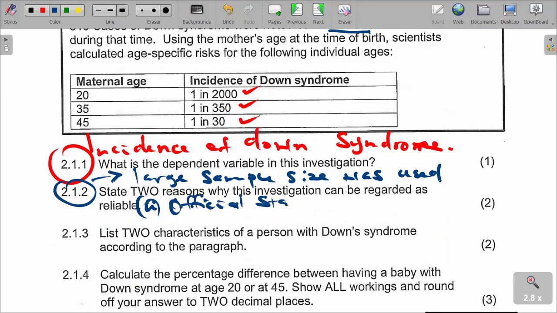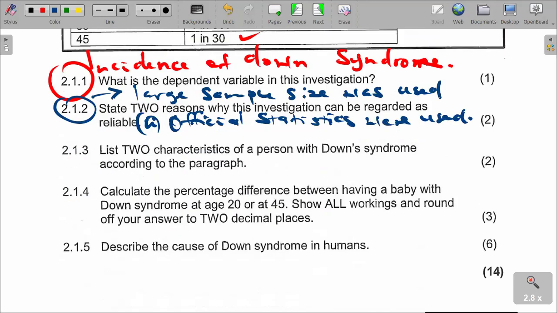Official statistics were used. It can also identify the fact that the results can be reliable.